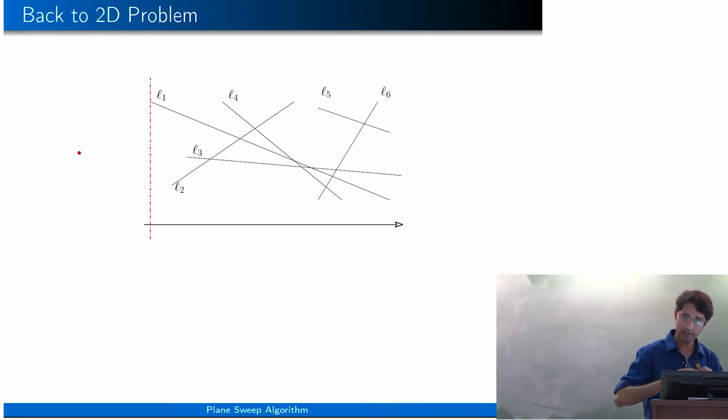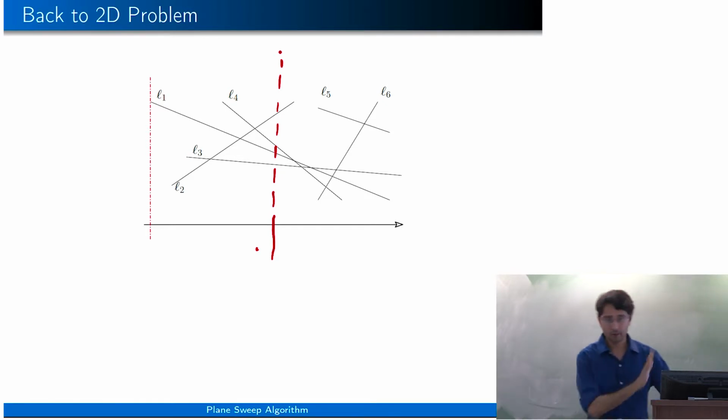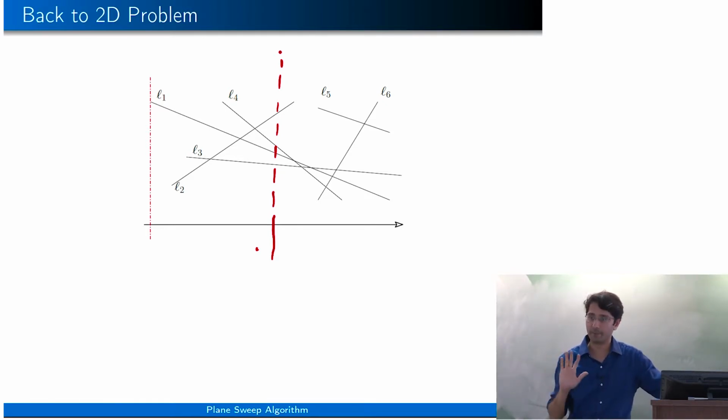No, what I will maintain is, this is my sweep line, right? I can sweep a line. No one can stop me, right? My question to you is, we can sweep a line, but whether that will give you a result or not, that's a different question. But we can sweep a line. No one can stop me.